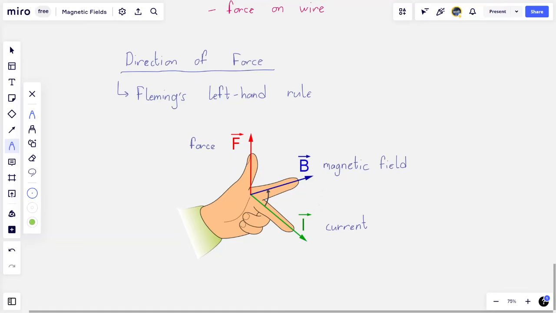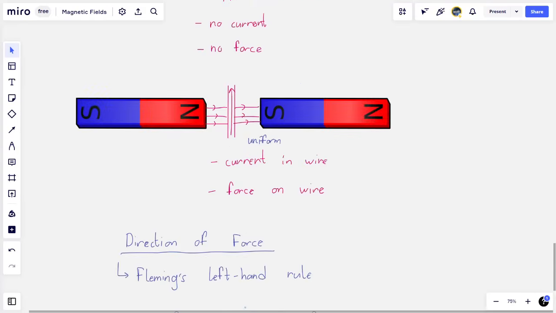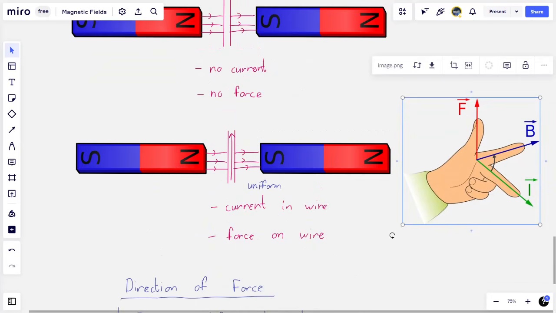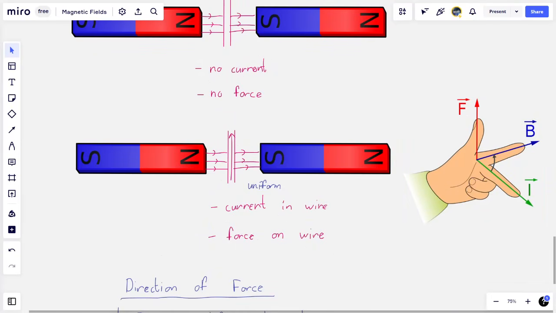If I were to look at this diagram, I'm going to bring it up here next to the magnet at the bottom. Actually, I can't do it with this diagram, but what I would do is take my middle finger and point it upward.